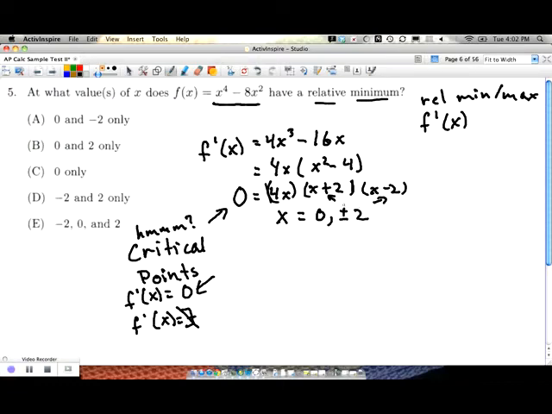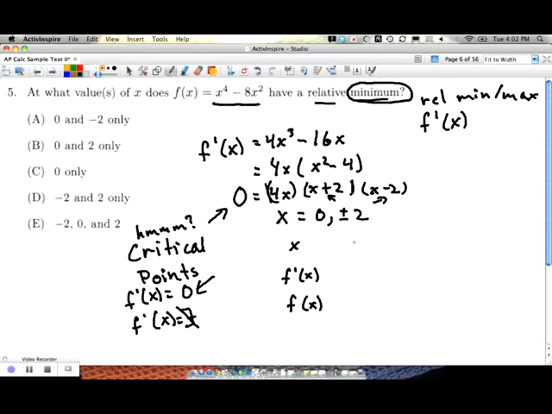That being said, now we know we have 3 candidates, but we're being more specific. We're asking ourselves, when is it a minimum? Not just any extrema, but specifically a minimum. If I do a quick chart here, I can see when this function is actually going up or down, and what the shape of the original graph looks like.